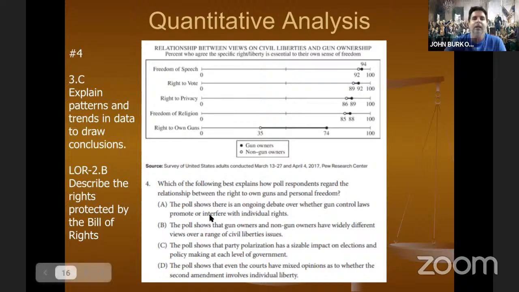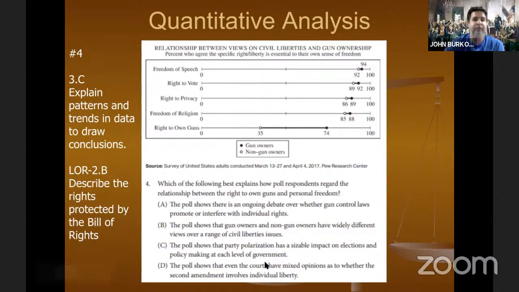The poll shows that gun owners and non-gun owners have widely different views over a range of civil liberties issues. Nope. The poll shows that party polarization has a sizable impact on elections and policymaking at each level of government. Where is that? Where do they see this? Where could we get that?